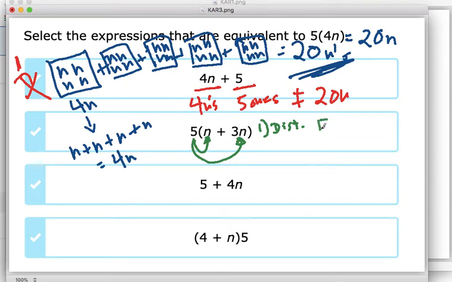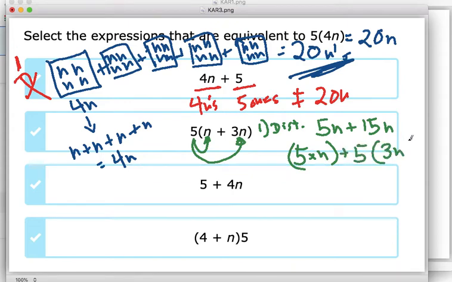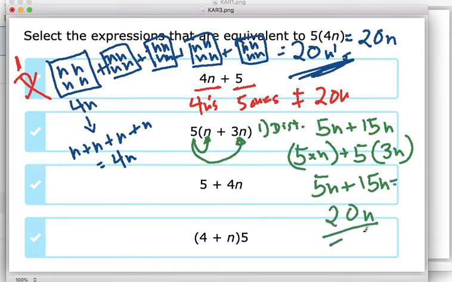And so you get 5n plus 15n, right? That was 5 times n plus 5 times 3n. And that gets you 5n plus 15n, which gets you 20n. That looks good. So that one seems to work.